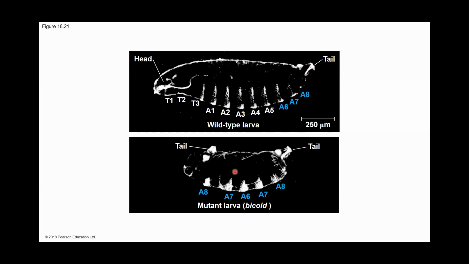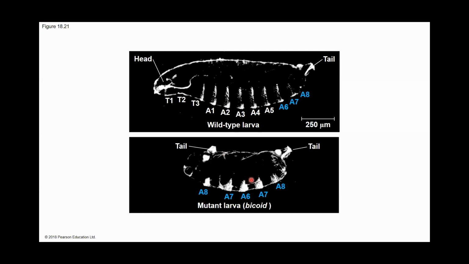This is a mutant larvae. Okay, so this larvae is a mutant larvae because the bicoid gene in the mother was mutant. So this larvae will develop two tails because there are no bicoid proteins found in this larvae.